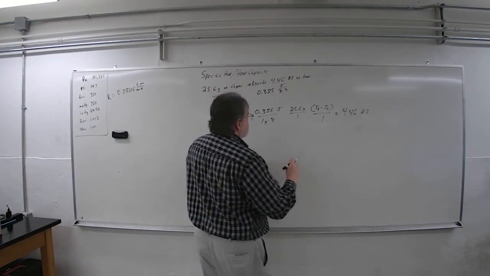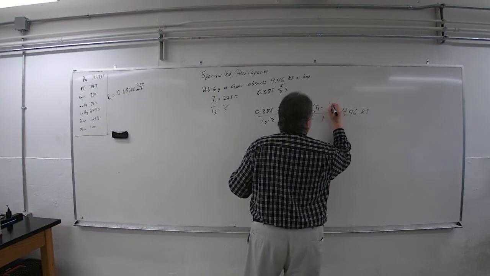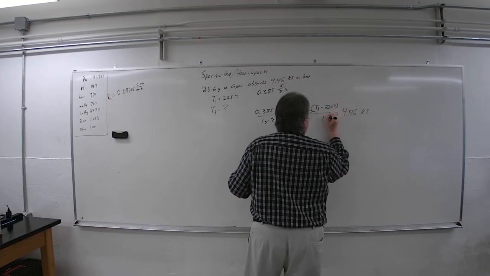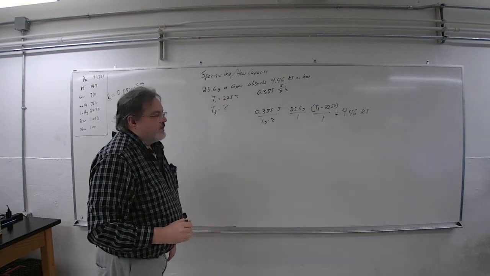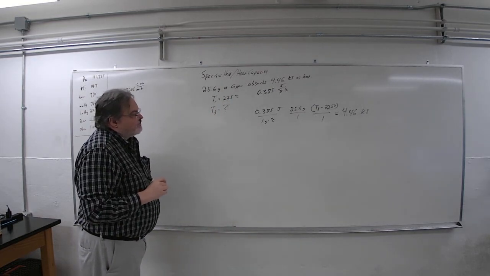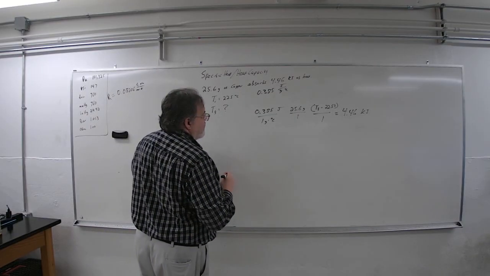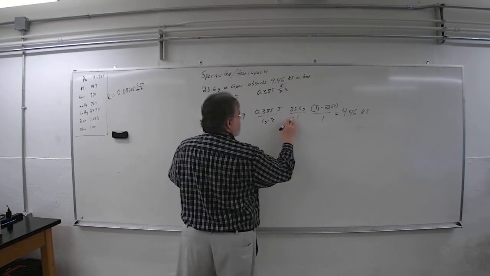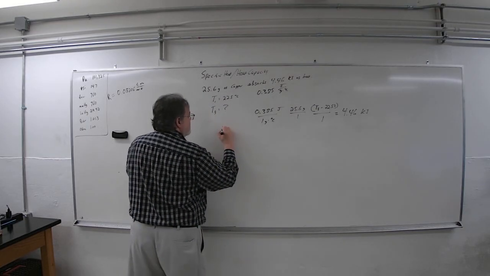T initial is 22.5. So you solve the temperature final here. The way to do it, divide by 0.385 and divide by 25.6.